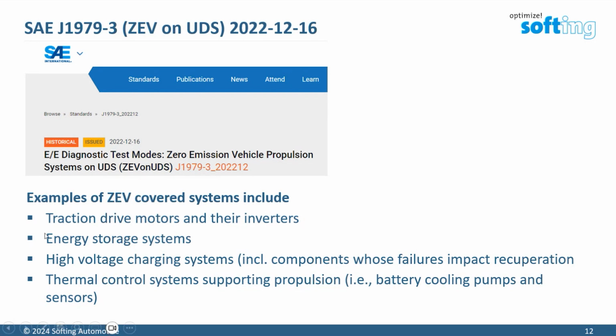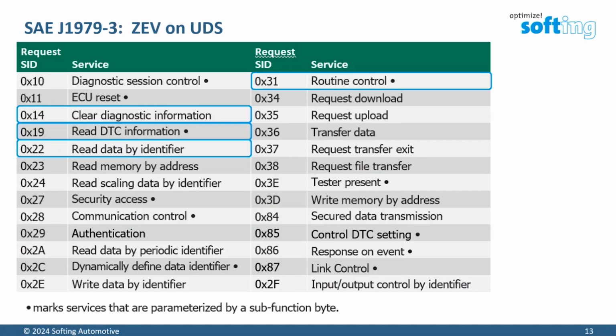And also included in ZEV are thermal control systems supporting the propulsion, such as battery cooling pumps and sensors. So that's all the ZEV. It's not only the powertrain of the electrical vehicle, but also other systems included in the communication path.